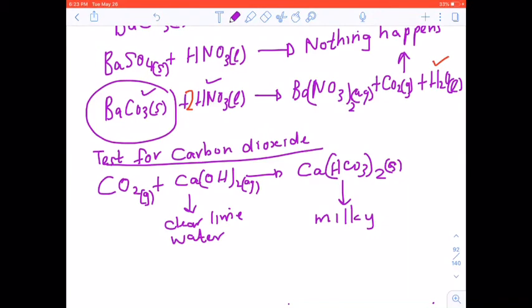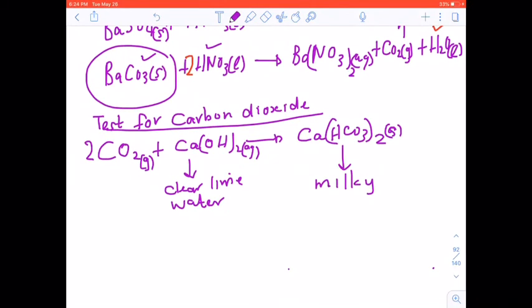Alright, so here I've just given you an indication. So you've got 2 carbons, and it's 4 oxygens and 2 is 6 oxygens. And on the right hand side, we also have 6 oxygens and 2 hydrogens. And then I've got 2 carbons and 2 carbons. Okay, I'm just checking if it's balanced. Right, so there you have that.